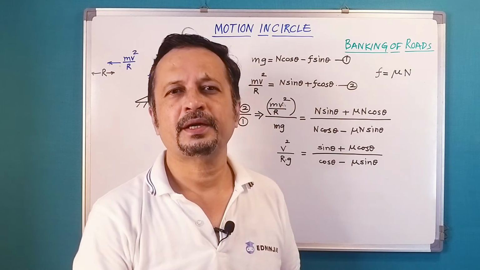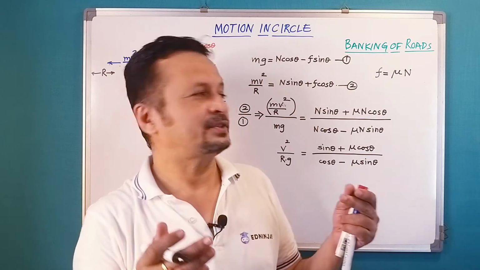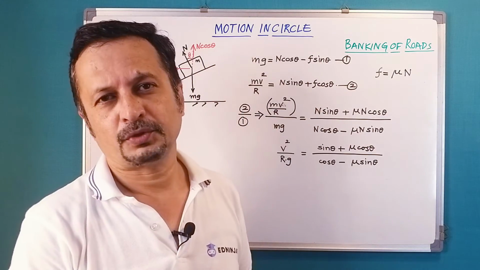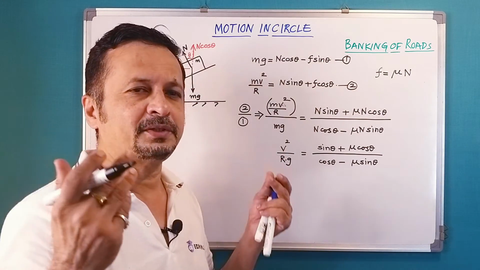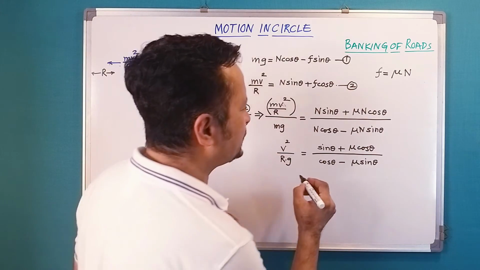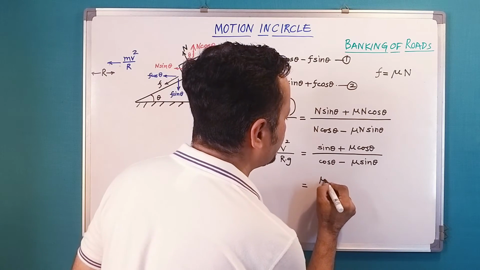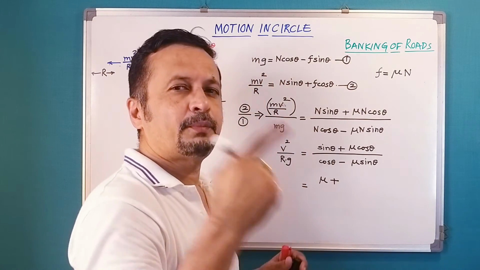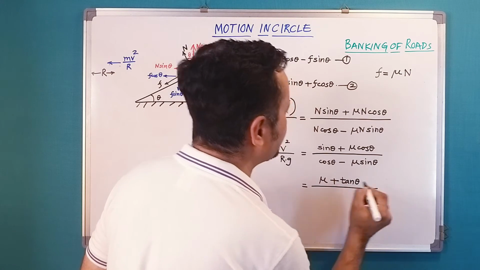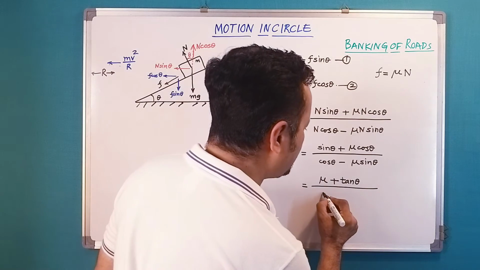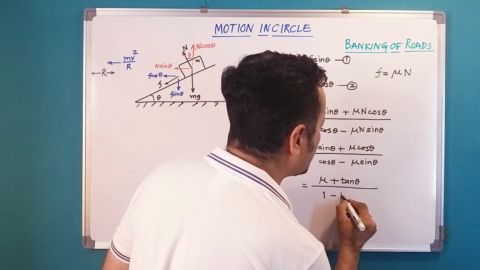Let us simplify even more, because I don't want to calculate sin theta and cos theta and do the multiplication. What is the simplest way to do that? I would divide the numerator and the denominator by cos theta. So this becomes mu plus sin theta upon cos theta, which is tan theta, divided by 1 minus mu sin theta upon cos theta, which would be mu tan theta.